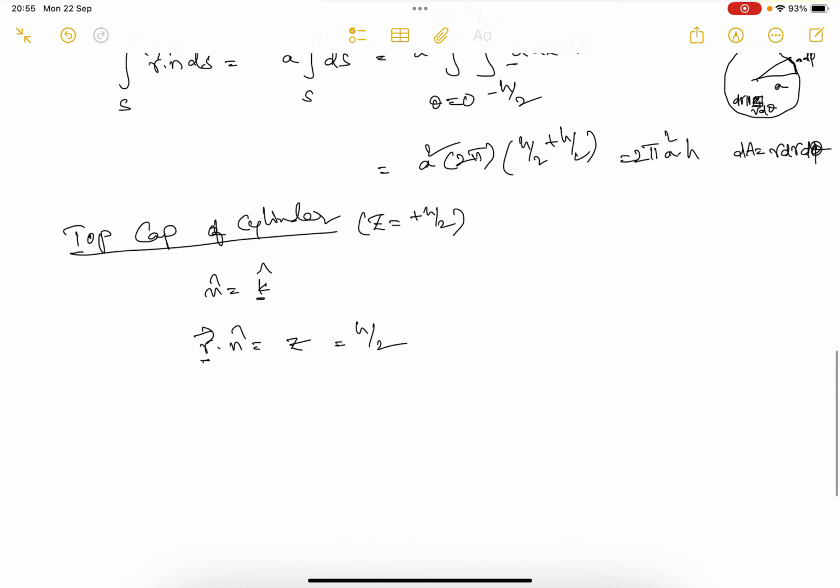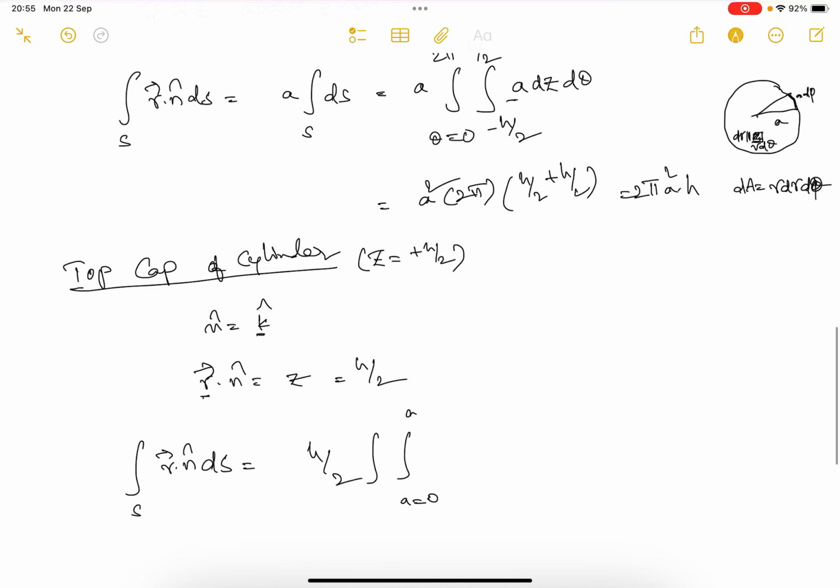So let's calculate this integral, r bar dot n cap ds. r bar dot n cap is h by 2, right? Then you need to calculate the area of this top part of the cylinder, where r goes from 0 to a. Similarly, here it's the same, right?